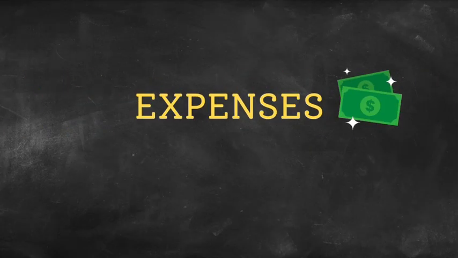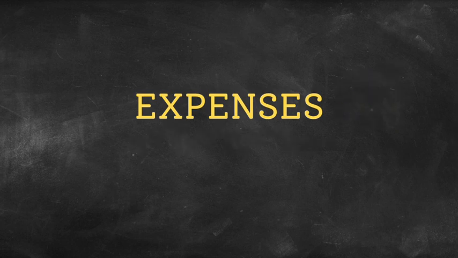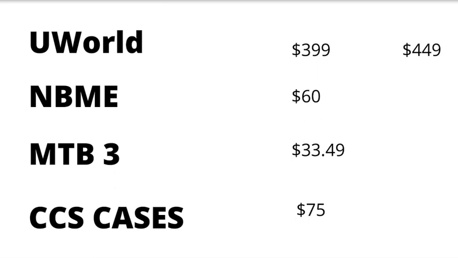So UWorld, for a 3-month subscription as well as access to 2 self-assessments, that costs $399. However, for access for 6 months and 2 self-assessments, that is $449.